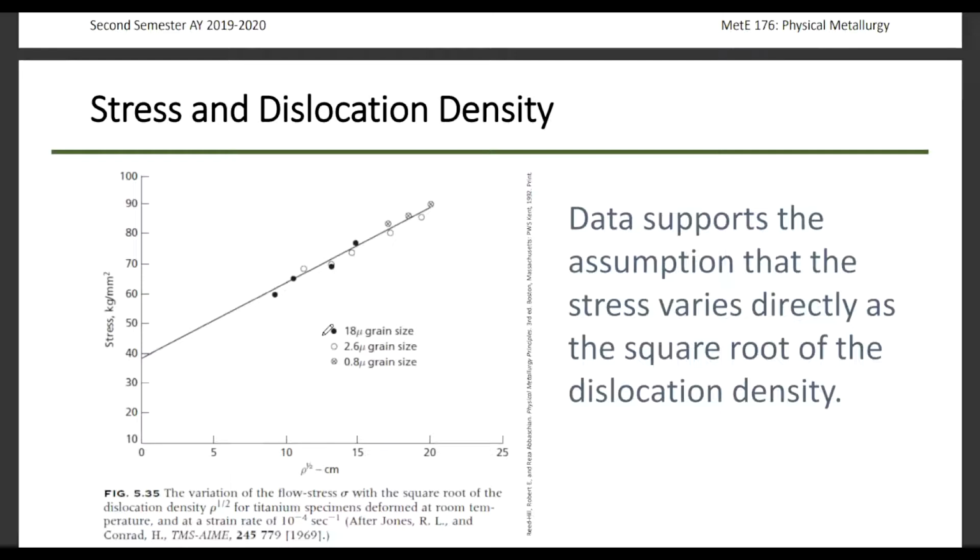Yung grain sizes natin also are effectively dun sa Hall-Petch equation. Was that the Hall-Petch equation? Orowan's equation, I mean. Nakalimutan ko yung equation. Anyway, merong equation doon na pinakita doon sa grain sizes, no, that shows that directly proportional siya sa square root ng grain size. Okay?